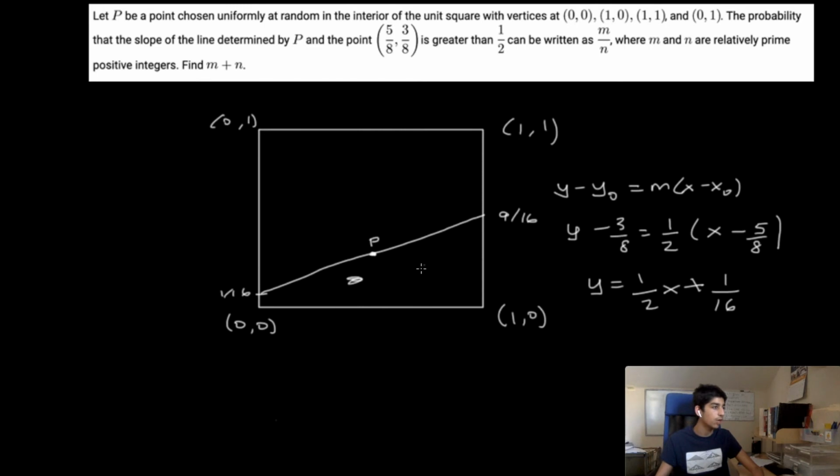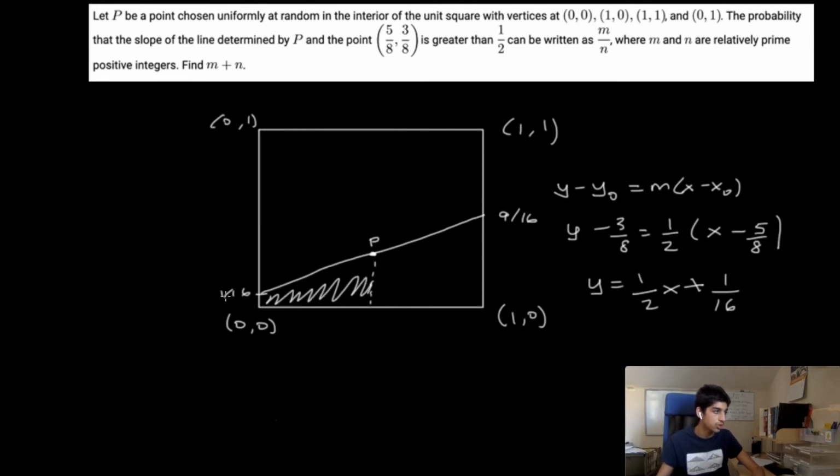But you have to be careful because it's not the full region, because the point would be outside the square if we put it beyond this line. So it has to be in this shaded region over here.